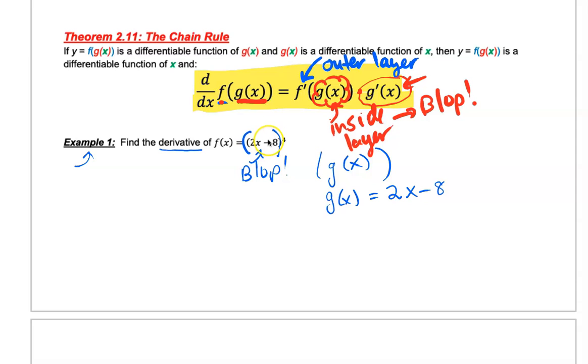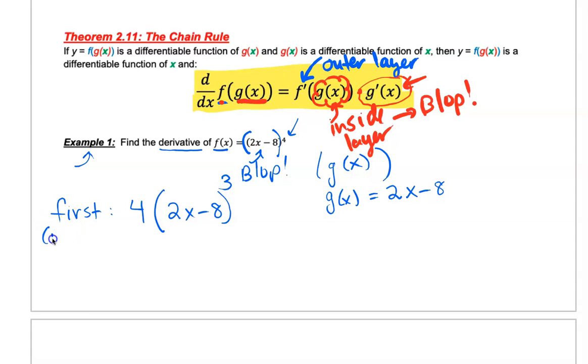So first, I'm going to take the derivative of the outer layer. The outer layer is the power of 4. So I'm going to first use the power rule. And I'm going to take 4 times the g of x function, which is 2x minus 8, that blop, raised to the power of 3.